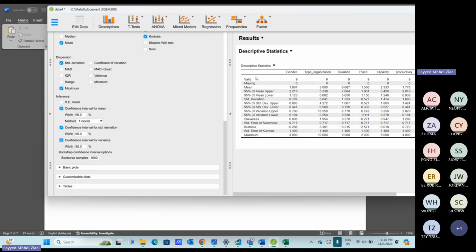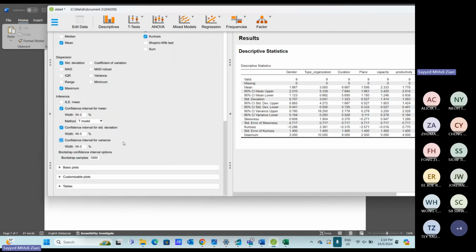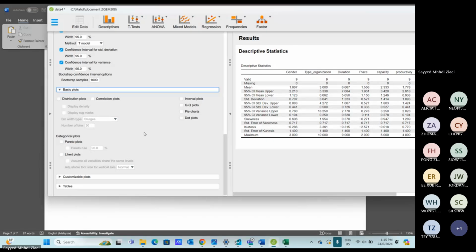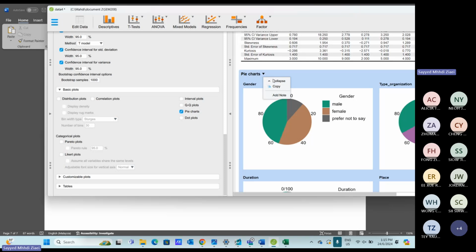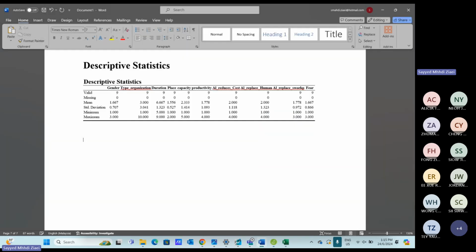So that's why the software is friendly. It's easy to find different aspects of the descriptive statistic. Basic plot. If you want to have a pie chart, bar chart appear here. Just copy it and use it.